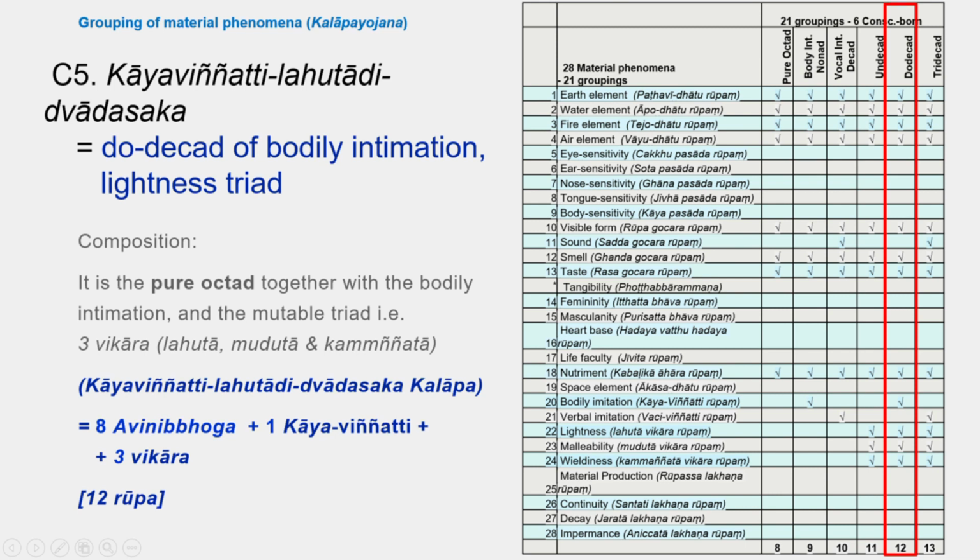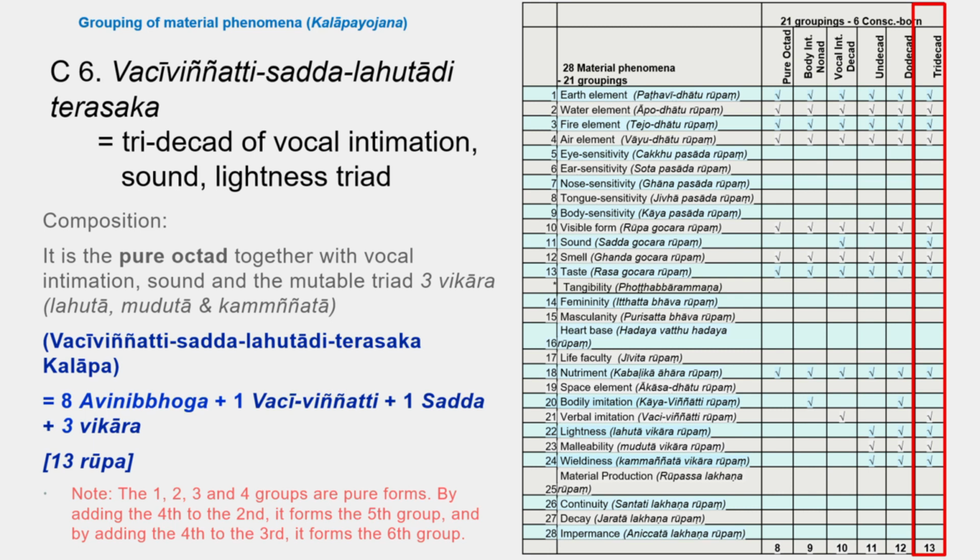So this is the term for number 5. Number 6, Vaci Vinnatti Sadda Lahutadi Terasaka, vocal intimation, sound, lightness, etc. So here it is a pure octad together with the vocal intimation, sound, and mutable triad. The Vaci Vinnatti Sadda Lahutadi Terasaka Kalapa.